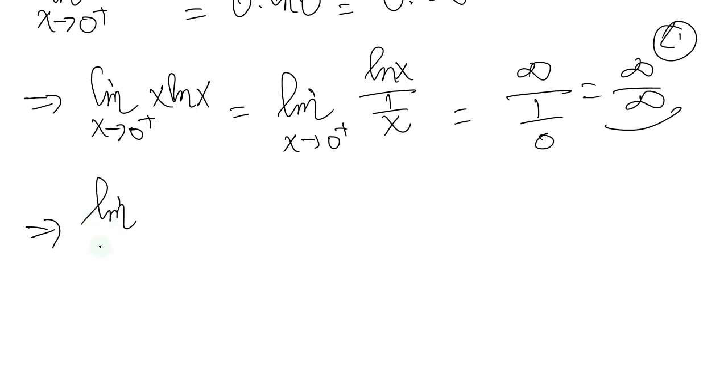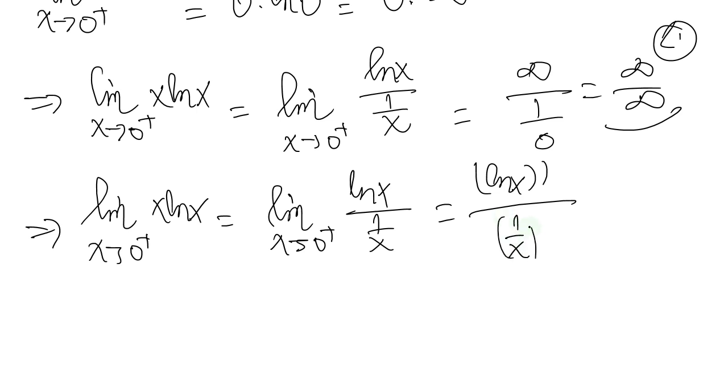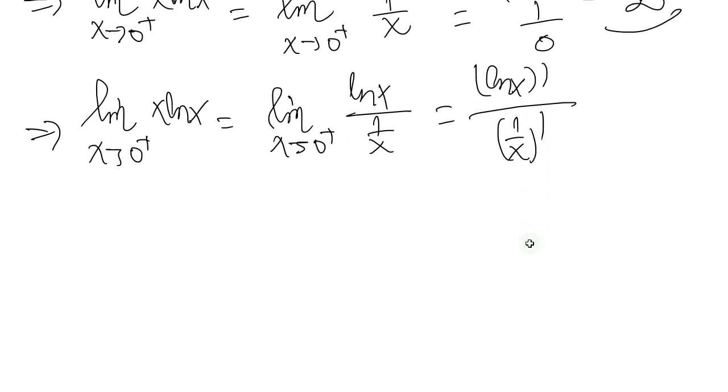So this limit here, x ln of x, equals ln of x over 1 over x. So applying L'Hopital here, we're going to differentiate the numerator and differentiate the denominator. So we're going to have here 1 over x differentiated. So this is going to be equal to the limit as x goes to 0 from the right.